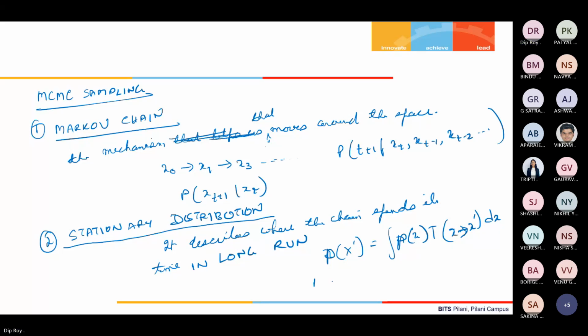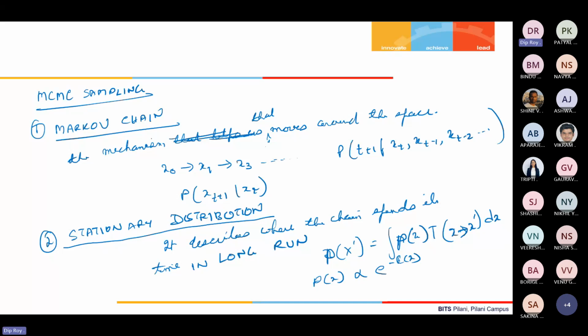Now if we reach a stationary distribution for an EBM, your probability of x will be proportional to e to the power of the negative energy. So your distribution is going to mimic your true probability distribution. The Markov chain is nothing but a mechanism that moves around the space.